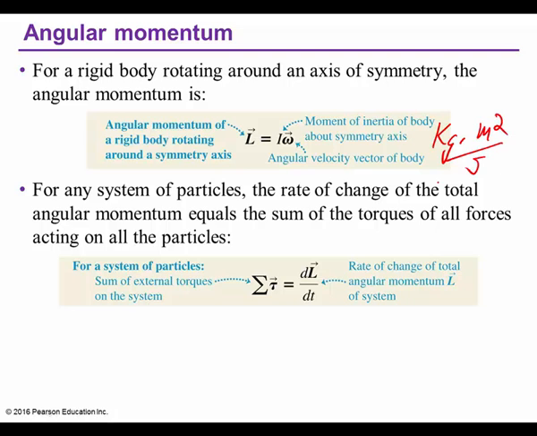Right? Look at your units. A moment of inertia is kilograms meters squared, and angular velocity is radians per second. So it had to be that: kilograms meters squared per second. Okay, so that's the units for angular momentum.